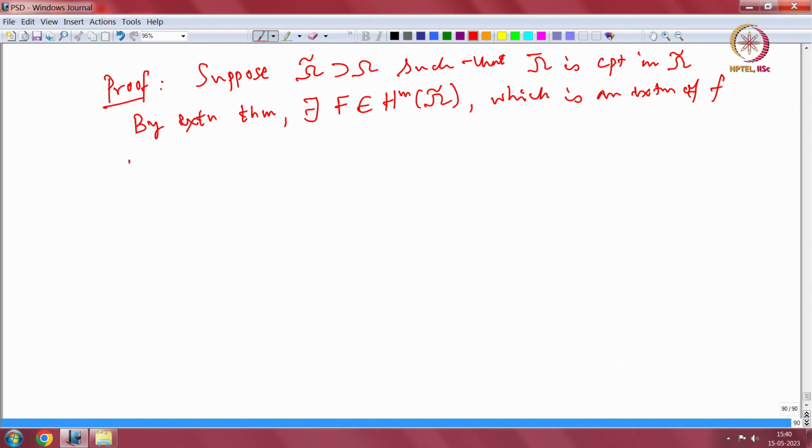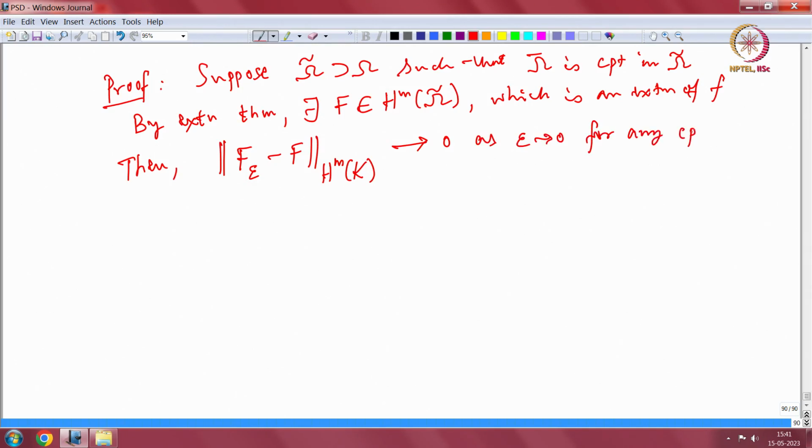From the previous note we observe that F epsilon minus F in H^m(K) tends to 0 as epsilon tends to 0 for any compact K in Ω tilde. In particular we can take K to be Ω.